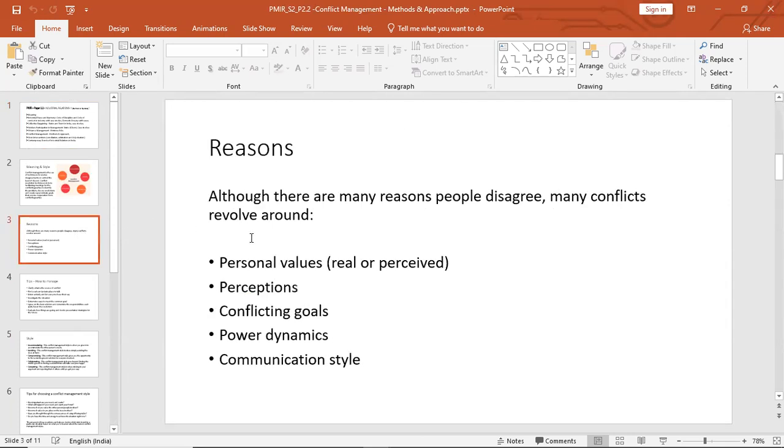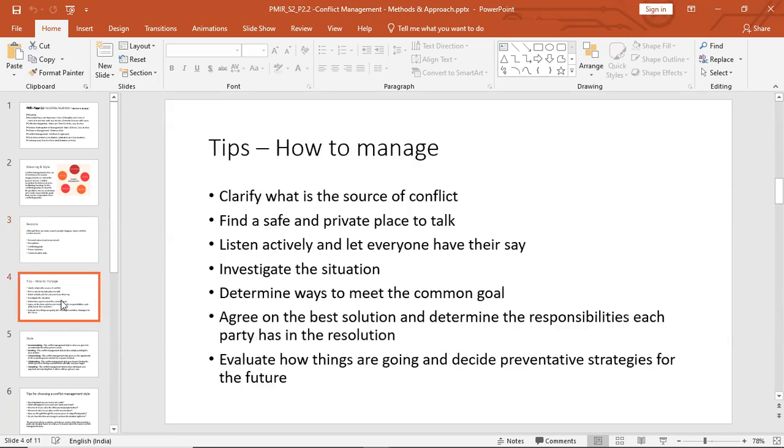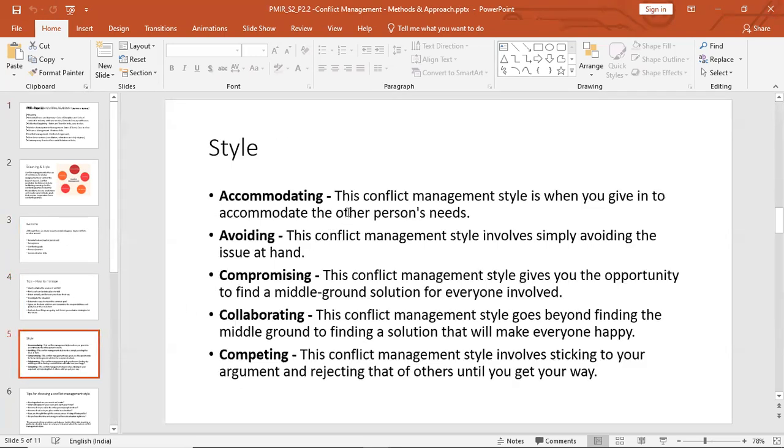Conflict management, what we discussed, why a conflict arises, what are the reasons of conflict, tips, how to manage a conflict between the team, between the organization, between the member, then different styles to manage conflict.